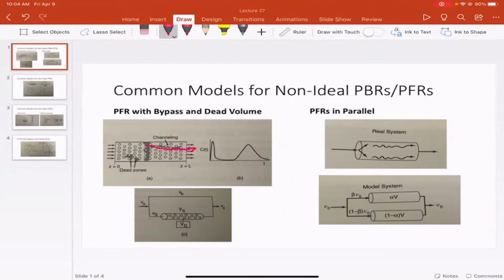Or you have mass transport in that direction along with the flow. And then you also have areas, let's say this is between catalyst particles, where you just get trapped, right? And so you have dead zones. So how might you model something like this, where you know that you have a packed bed reactor, you have channeling or bypass, you also have dead zones?